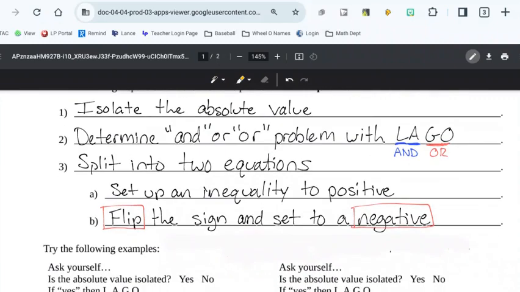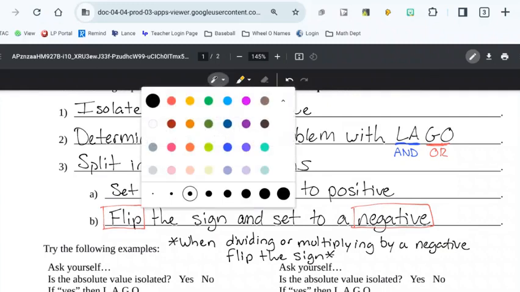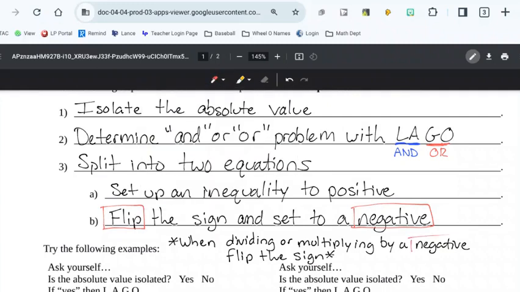And just to add another small reminder, when we work with inequalities and we are dividing or multiplying by a negative number, we need to, again, flip the sign.